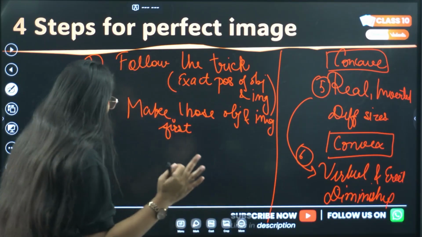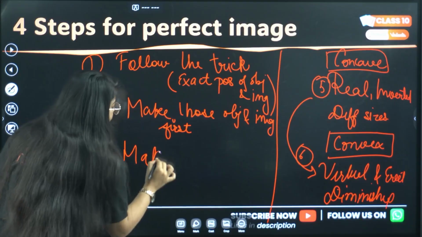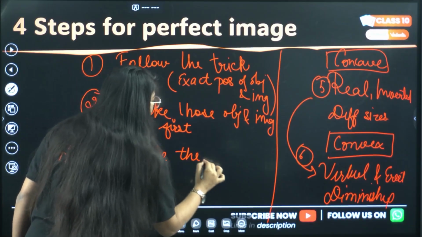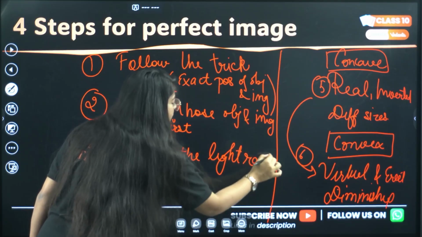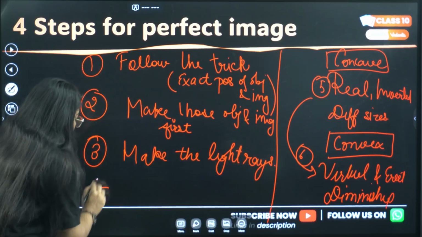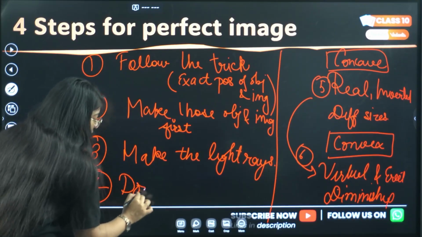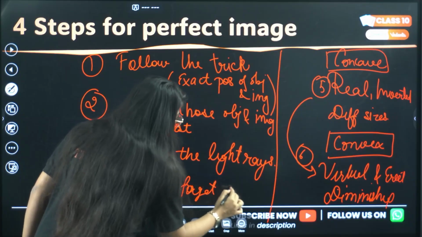Correct? Now, the third step is, you make the light rays. After making your object and image, you will make your light rays. And fourth, don't ever forget arrows, my friend.